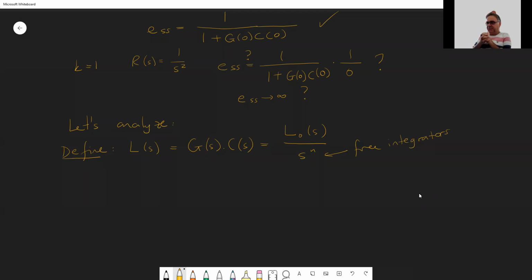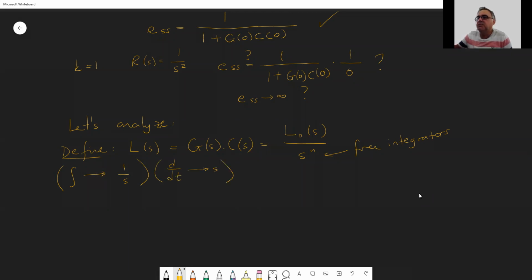Because when you take Laplace transforms, the Laplace transform of an integral of a function is the Laplace transform of the function divided by S. So in Laplace transform notation, the integral corresponds to 1 over S, as you might remember, and the derivative is the opposite.